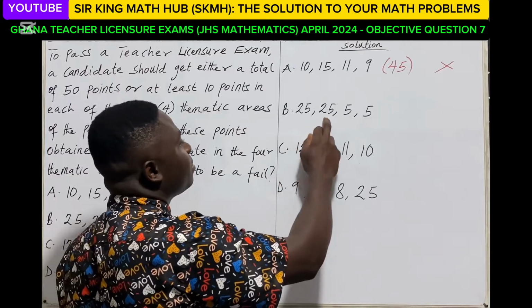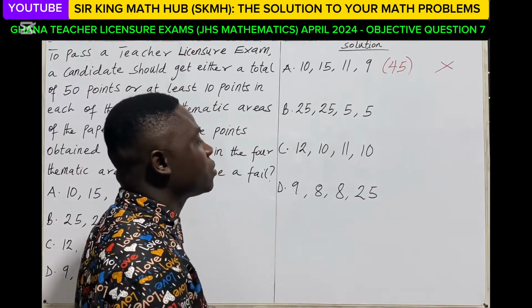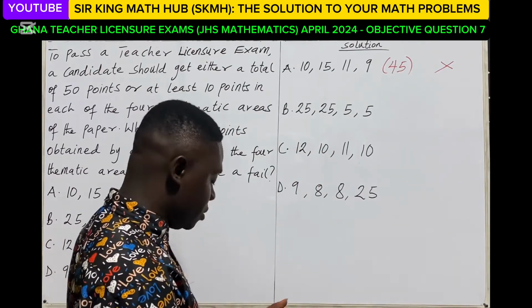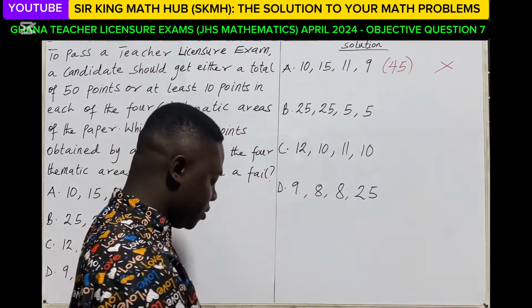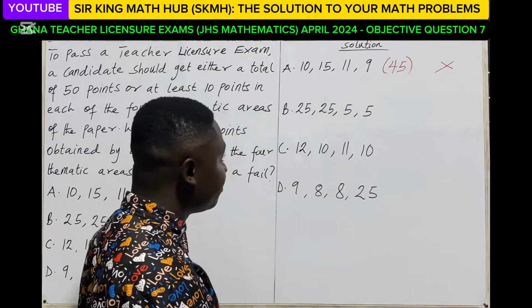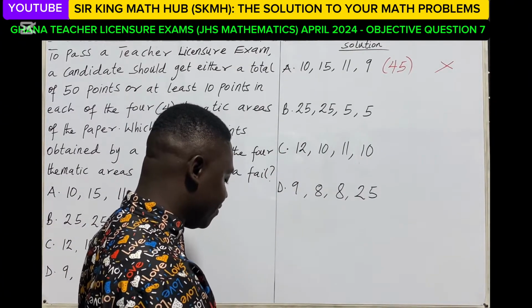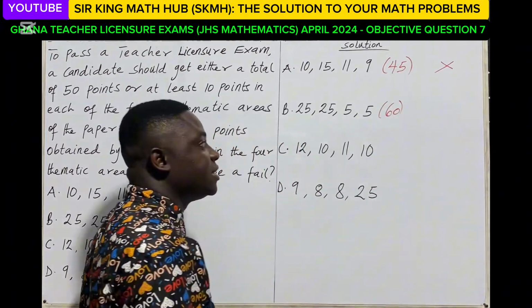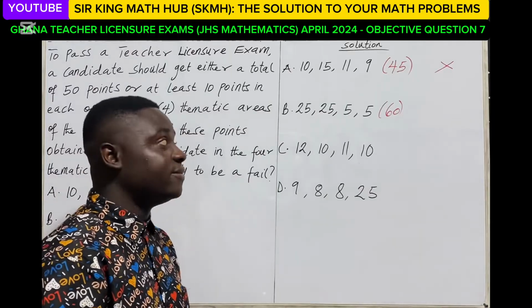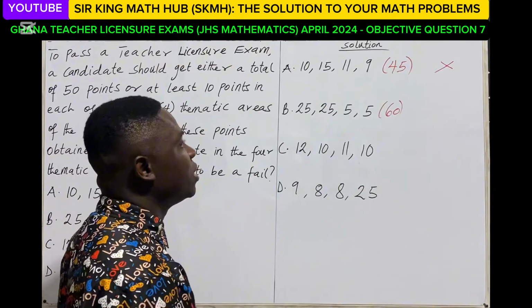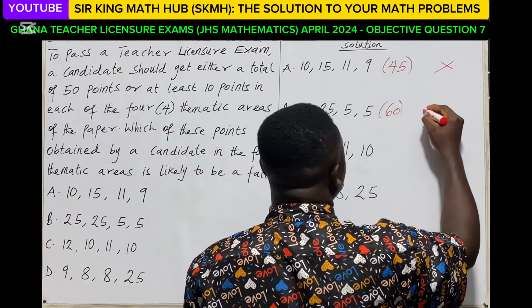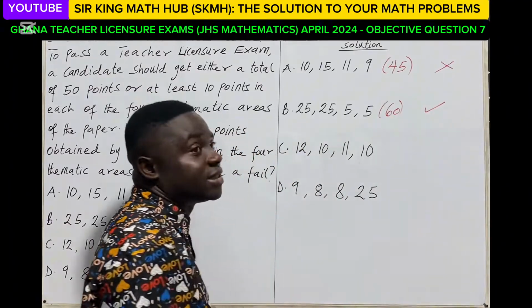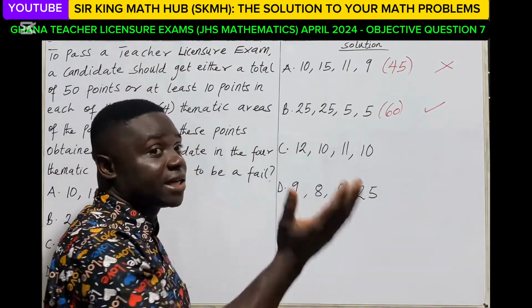So let's sum up the individual scores on the 4 thematic areas. For the second one, that is option B, we have 25 plus 25 plus 5 plus 5. That is 60. And because 60 is greater than 50, this student will pass the exams, although the student didn't meet the second condition.